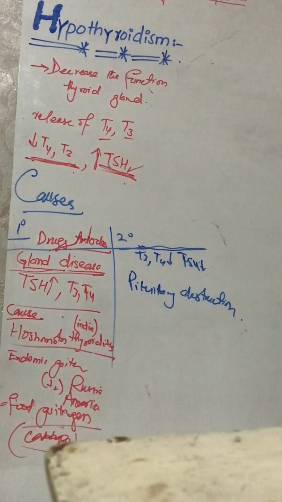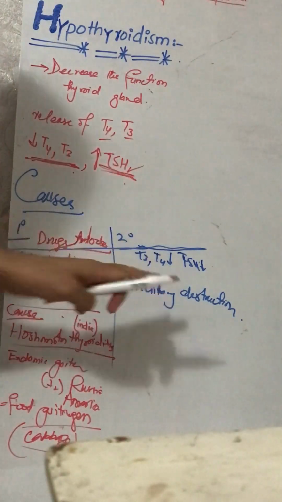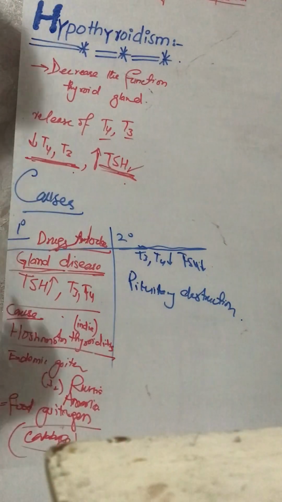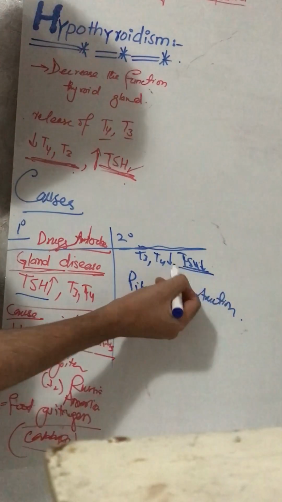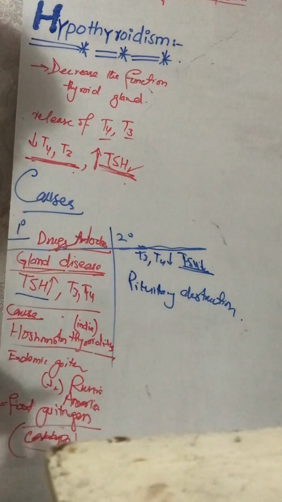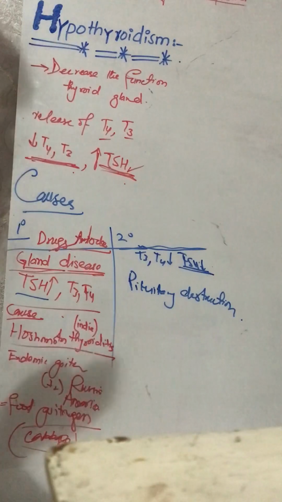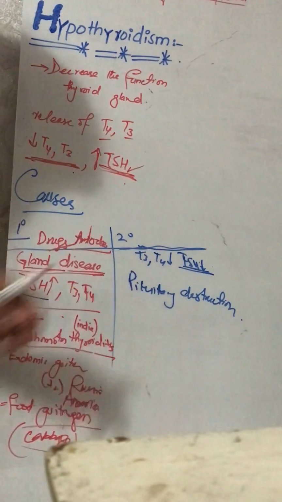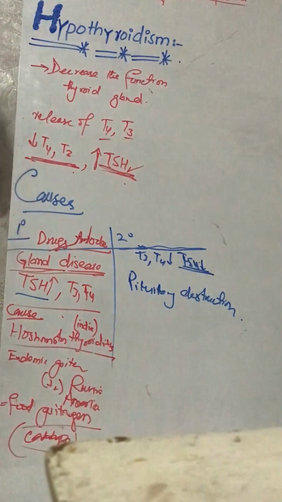So how will we differentiate whether the patient has primary hypothyroidism or secondary hypothyroidism? As we discussed, in primary hypothyroidism there will be TSH increase, but here TSH will be low. It means that the TSH from the anterior pituitary will not be secreted. When there is no TSH, there will be no stimulation of the thyroid gland, and so there will be reduction of T3 and T4.